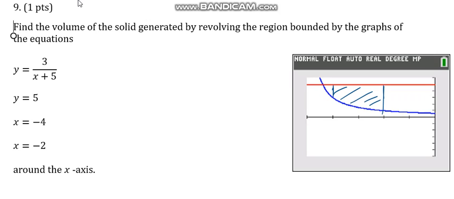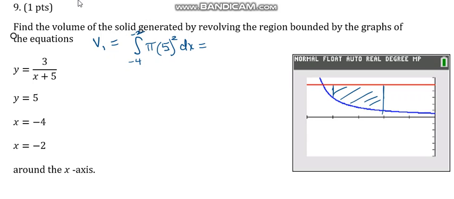So the first thing that I'm going to do is to find the volume of the solid rotating only the line about the x-axis. One possible way that we could do that is to use the definite integral from -4 to -2 of pi times the function, in this case 5 squared, with respect to x.